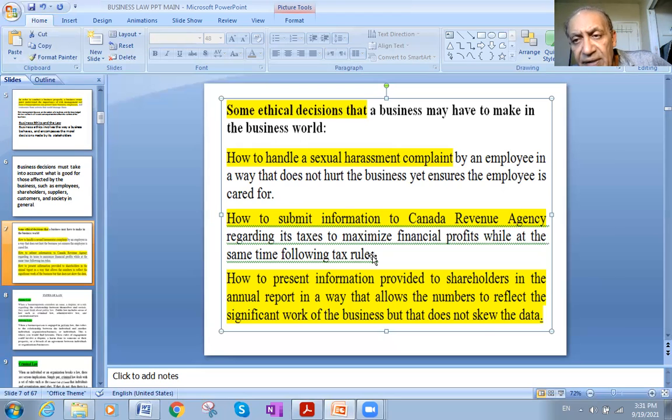People like to earn, but they don't like to pay. So how will you pay and at the same time keep your business going, because the part you pay in taxes will be cut from your profits? How will you make a balance between the payment of taxes and increasing your profit? This is another ethical rule.